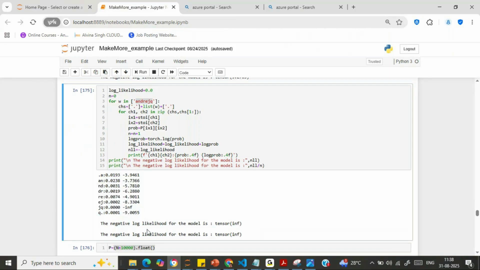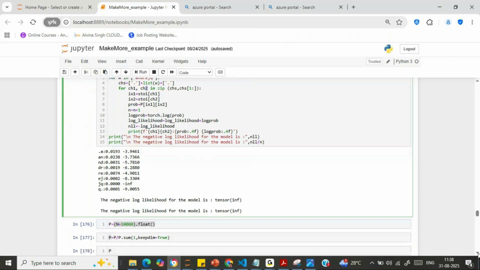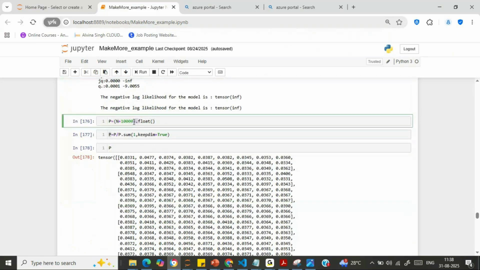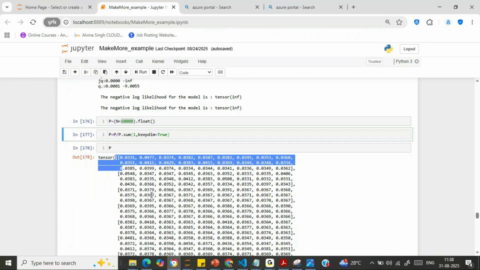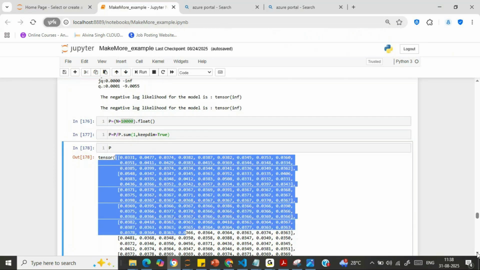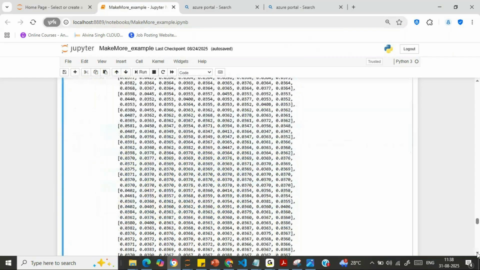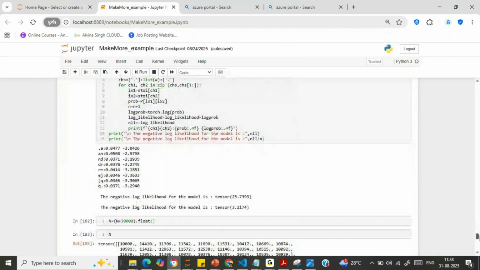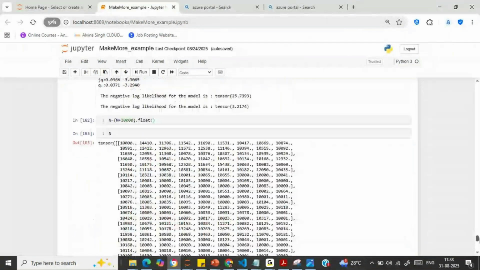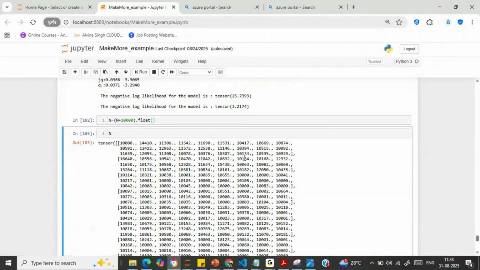So we have avoided this situation by adding a number in the given tensor. Once we added this number, it becomes a new tensor, and the situation was avoided, and now we are able to get the outcome as well. So this is the stuff, guys, that we have done.